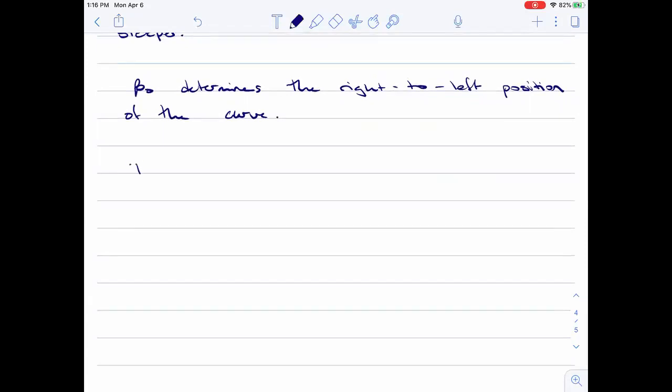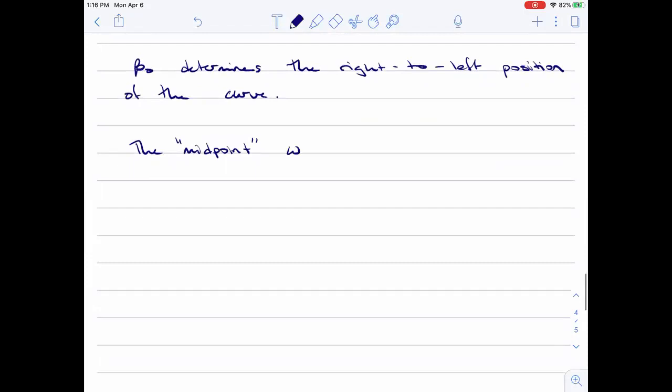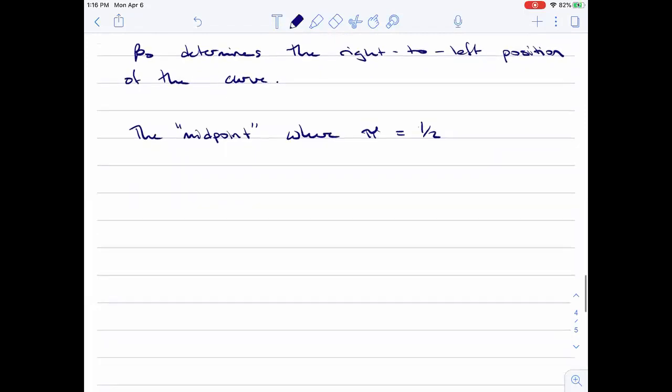But the midpoint, where pi is 1/2, corresponds to x equals negative beta naught over beta 1.